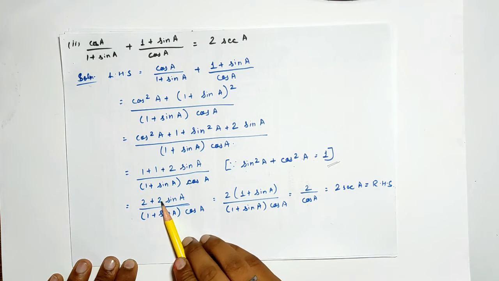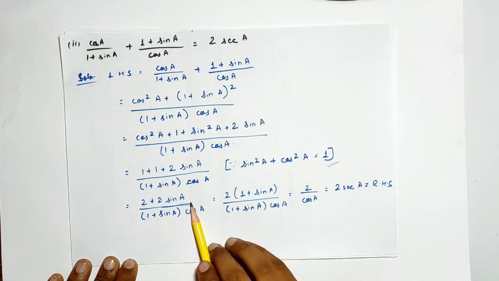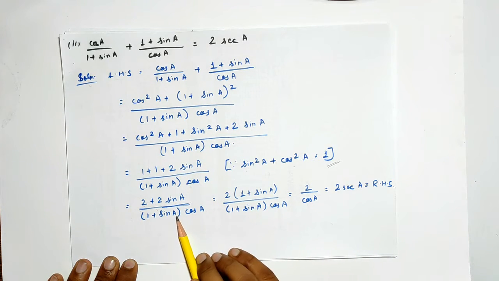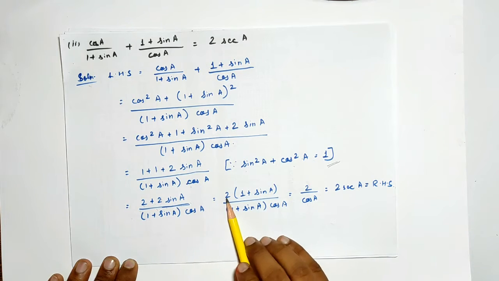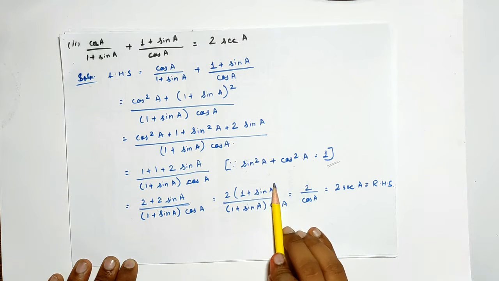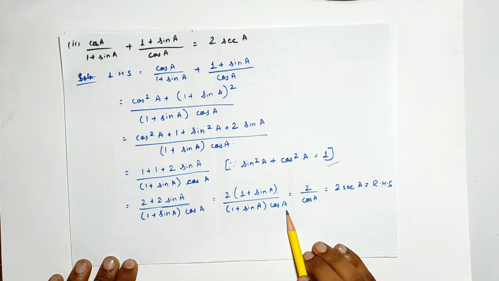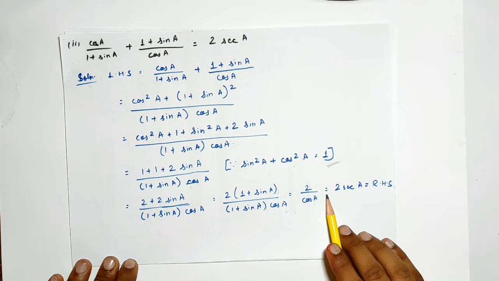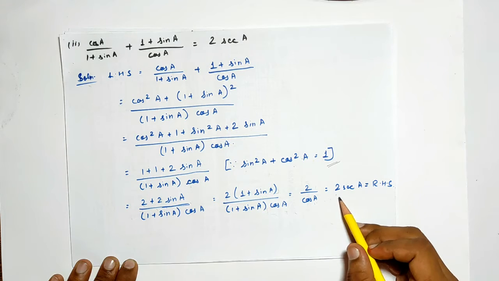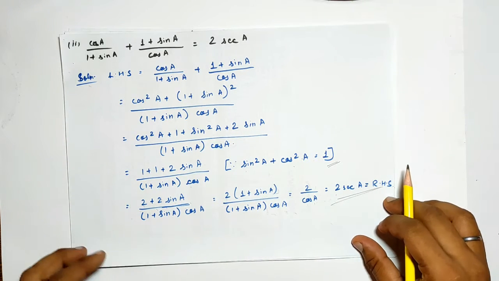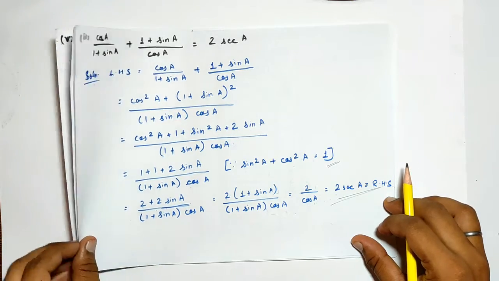That is equal to 2 plus 2 sin a upon (1 plus sin a) cos a, which is equal to 2(1 plus sin a) upon (1 plus sin a) cos a, which is equal to 2 upon cos a, which is equal to 2 sec a. So 2 sec a is equal to RHS.